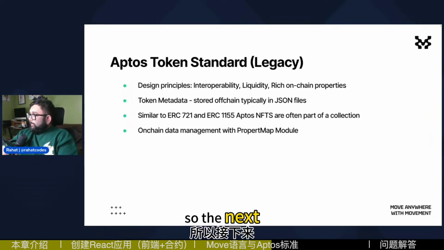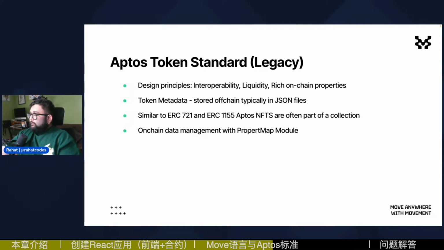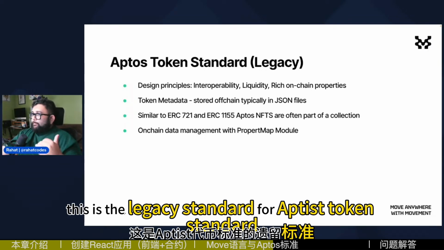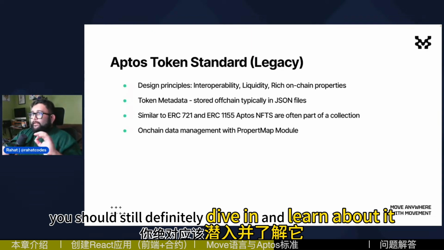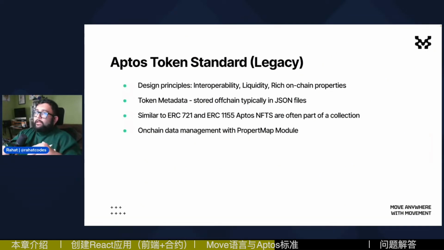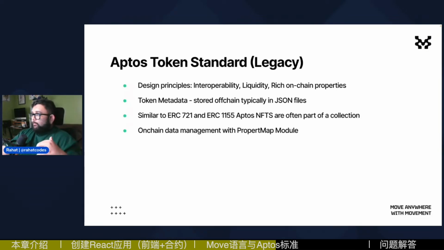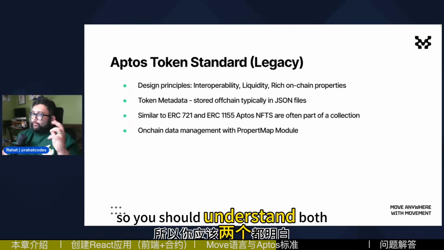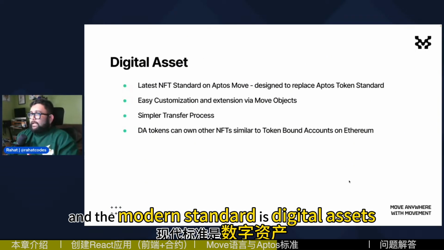So going off of first, this is the legacy Aptos token standard for NFTs. You should still definitely dive in and learn about it because there will still be existing NFT collections in the Aptos world that may be copied over or ported over into Movement. So you should understand both the legacy standard as well as the modern standard. And the modern standard is digital assets.